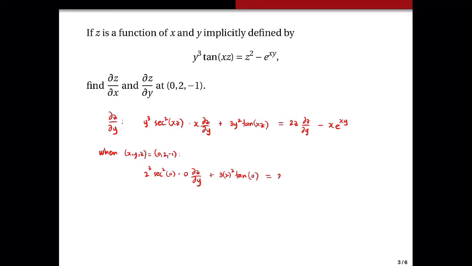This is equal to 2 times -1 partial z with respect to y minus, this is 0, e to the 0. So this implies that partial z with respect to y is equal to 0. Okay?